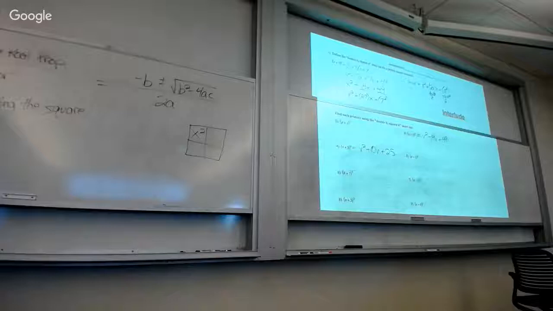So that would be the middle term. What plus a squared? The last term is a squared. There you go.